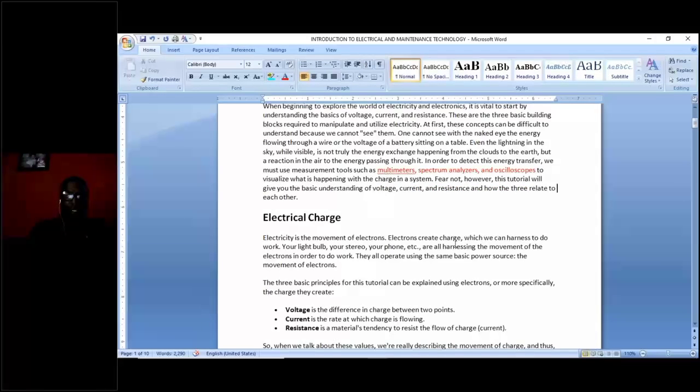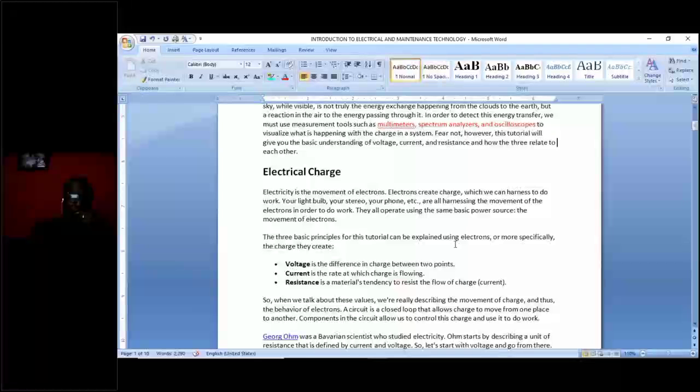So let's see what an electric charge is. Electricity is the movement of electrons. Electrons move, and the movement of these electrons creates charge, which we can harness to do different types of work.